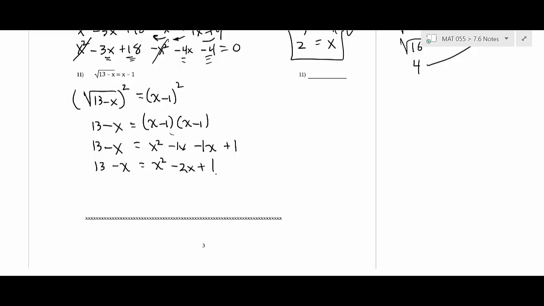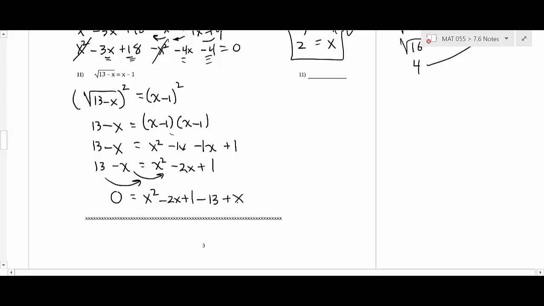Okay, now why do you want to set one side equal to 0 now? Because you have a power, exactly. See, that's what you get in your head when you solve equations. You got to know which technique applies to what. So I'm going to move everything on the left side to the right side. So I'll have 0 equals x squared minus 2x plus 1 minus 13 plus x.